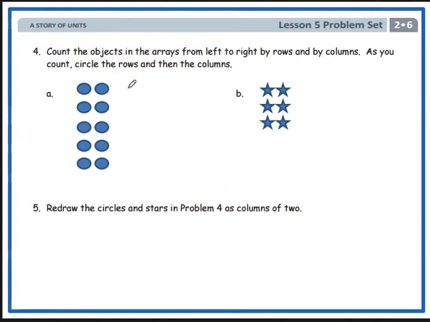Number 4 says count the objects in the arrays from left to right by rows and by columns. As you count, circle the rows. Remember, rows are left to right, and columns are up and down.